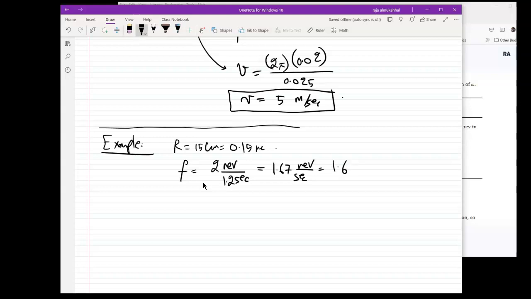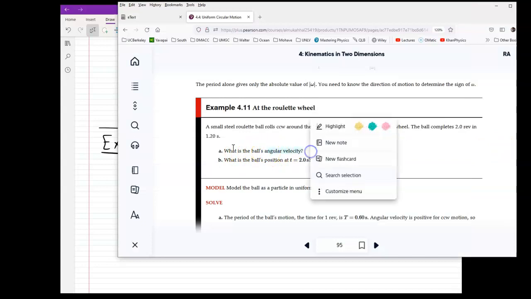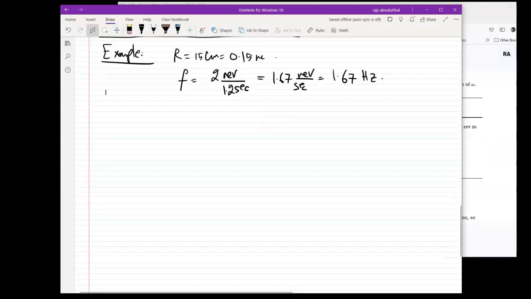1.67 Hertz. There we go. Now he's asking the question, what is omega? Angular velocity. So omega, as you know, has a relationship with f, and that is omega is equal to 2 pi f. Simple.